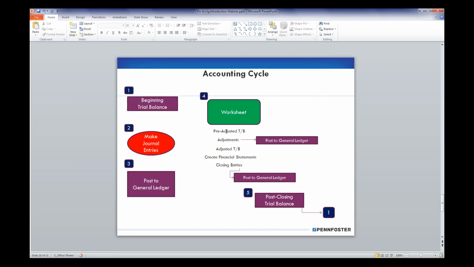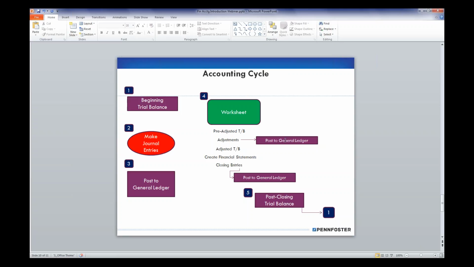We don't know if that information is accurate or not, so we have to go through it and make correcting entries or additional adjusting entries. We make adjusting journal entries and then we post them to the general ledger accounts.